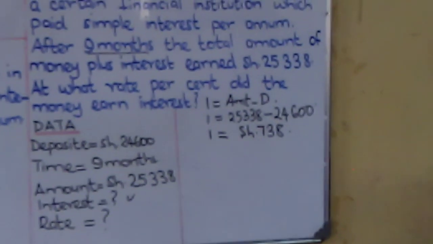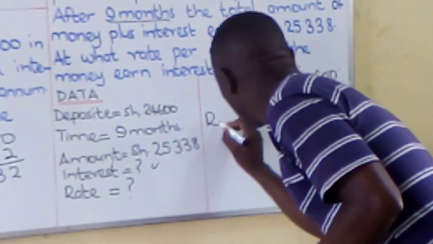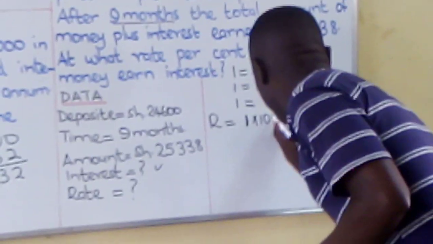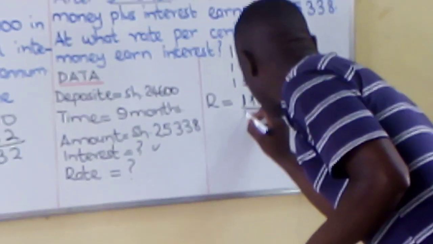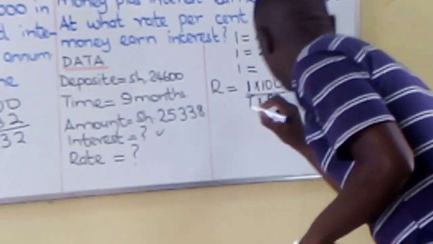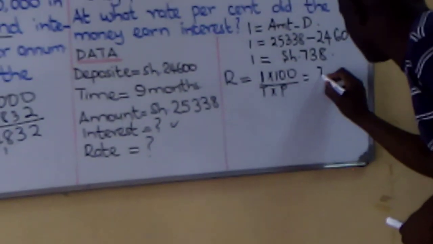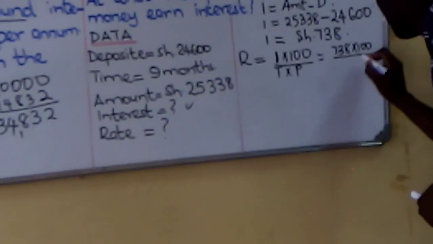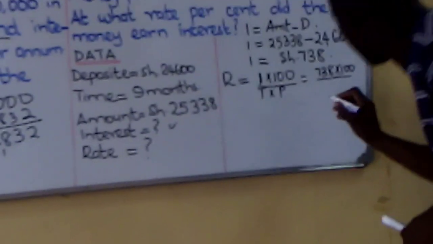Now let's look for the rate. The rate here would be interest times 100 over time times principal. And so interest is 738 times 100 over time, which is 9 months.